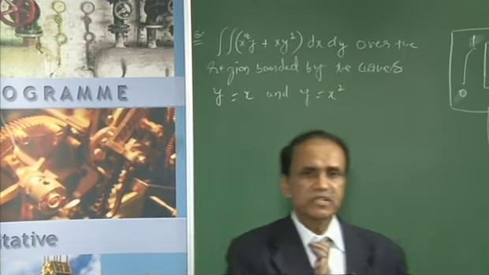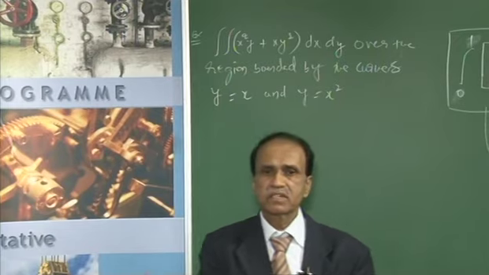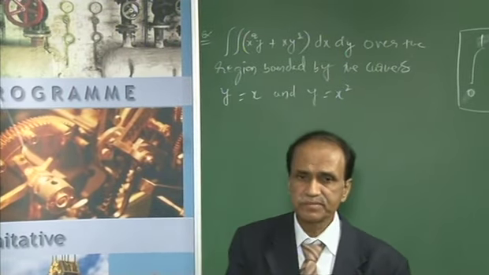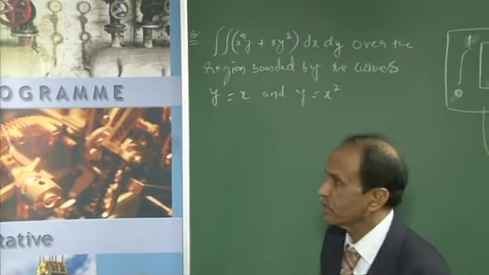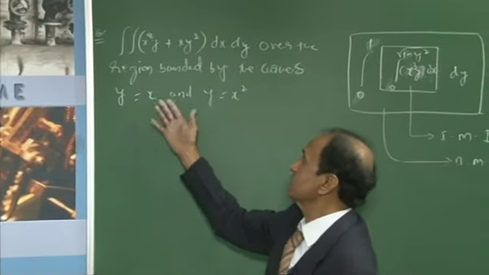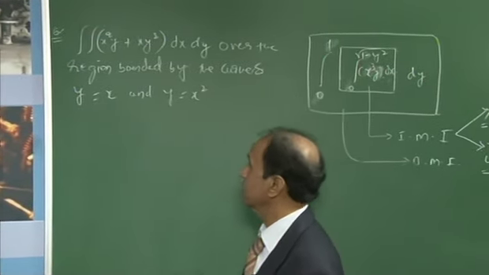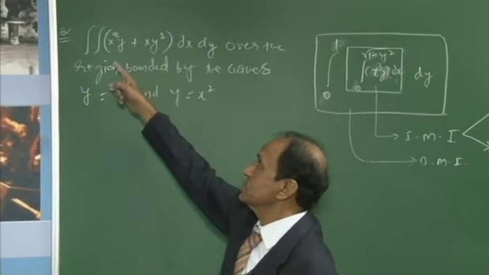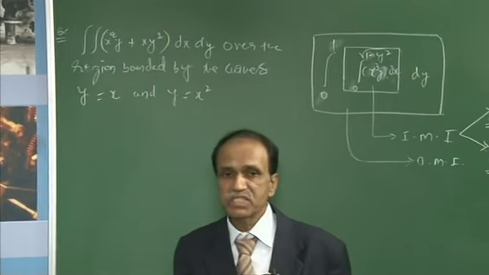In many engineering applications and situations, you will come across the intersection of curves. Obviously, this is a linear curve and this is a non-linear curve, y equal to x square. So, your double integral is without limits in the present problem.